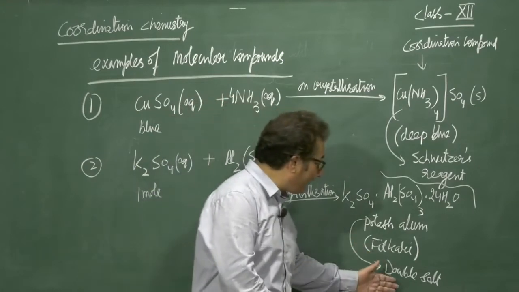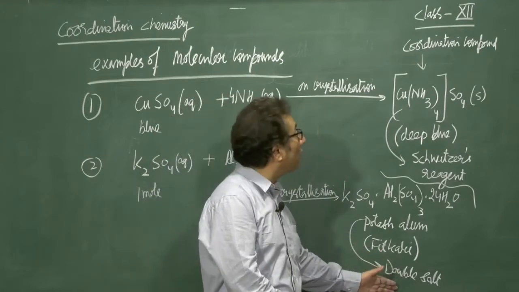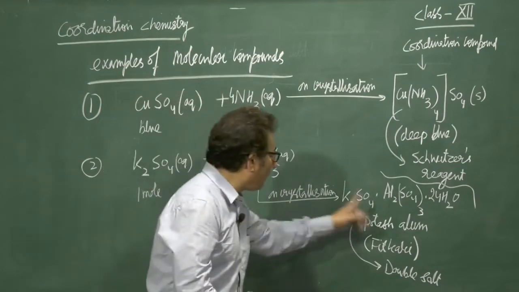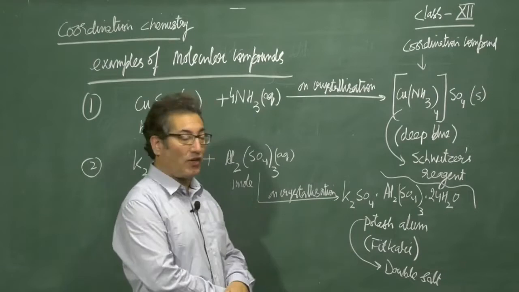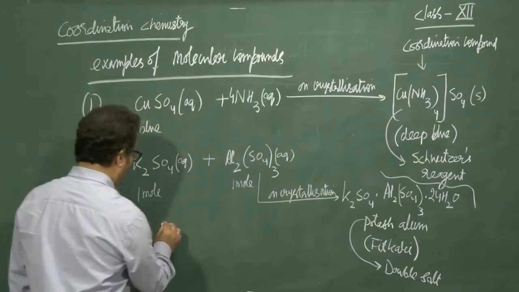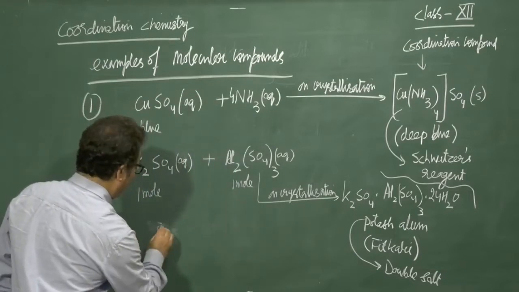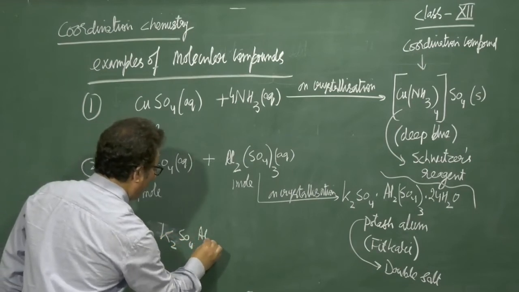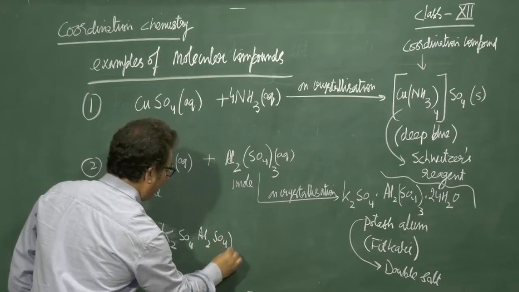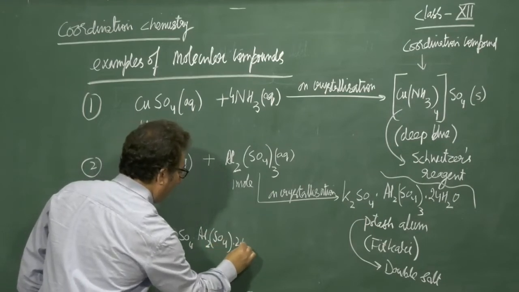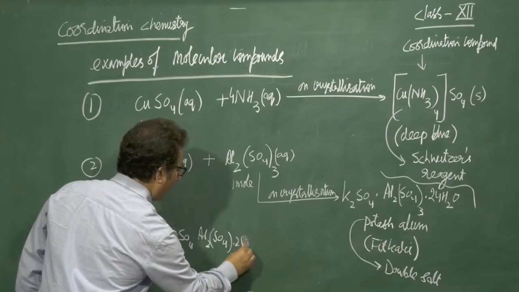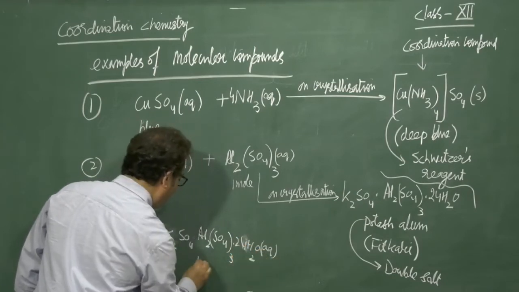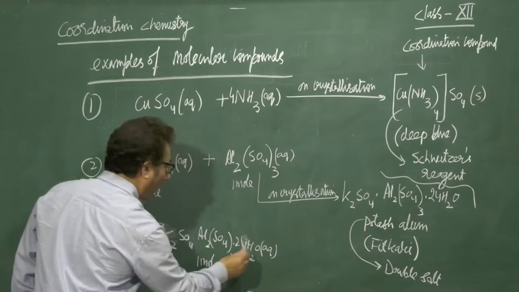Now, what is the difference between the double salt and the coordination compound? If you dissolve this double salt, say potash alum, K2SO4, Al2(SO4)3, 24 molecules of water, say 1 mole, in water, what will happen?